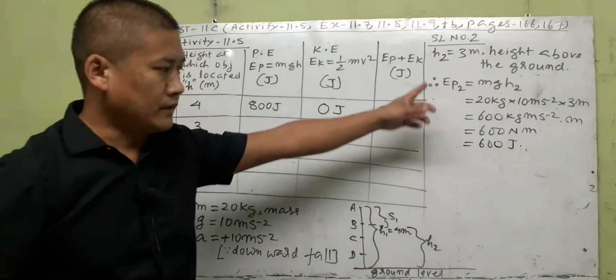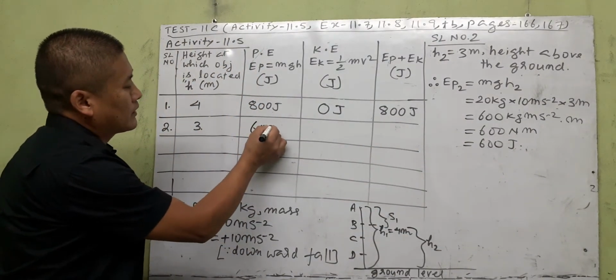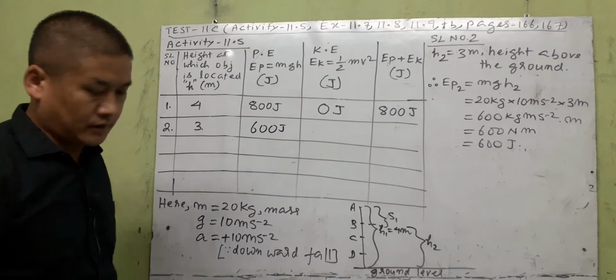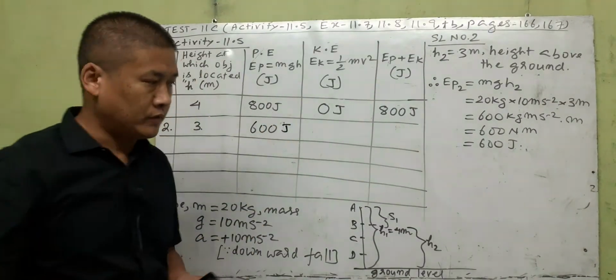We've explained this in serial one, so I didn't explain Newton meter again. I hope that's fine. So in the second case, the potential energy is 600 joules. That's how we're going to go about doing it.